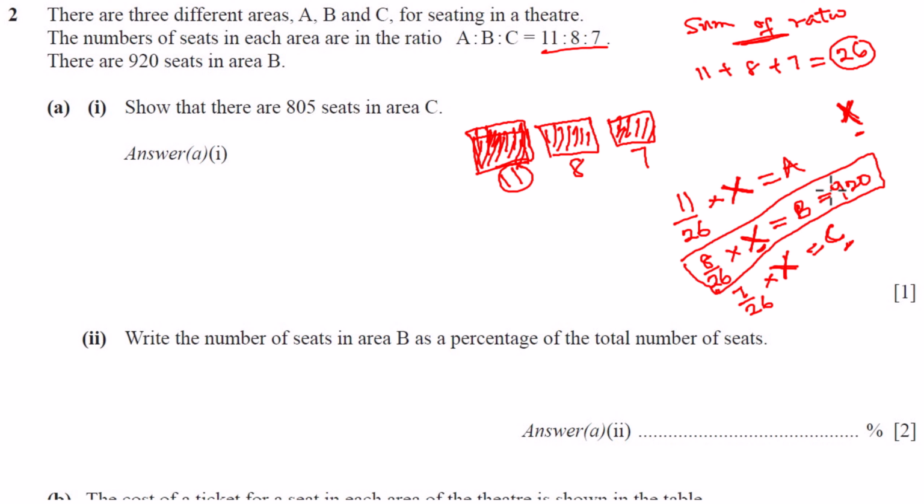We have the value for B, we have its fraction. Now we are looking for X. To solve for X, just go ahead and do 8 over 26 times X is equal to 920. So this means that, no, this is 8, sorry.